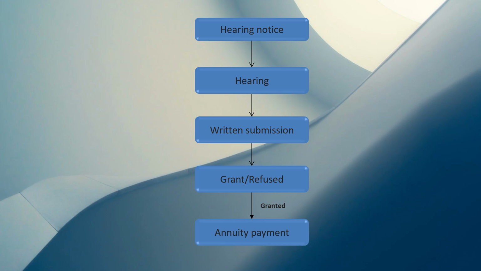And once that happens, in a specific time, although the time is not defined, the patent office or the examiner will let the applicant know whether the patent application has been granted or it has been rejected.